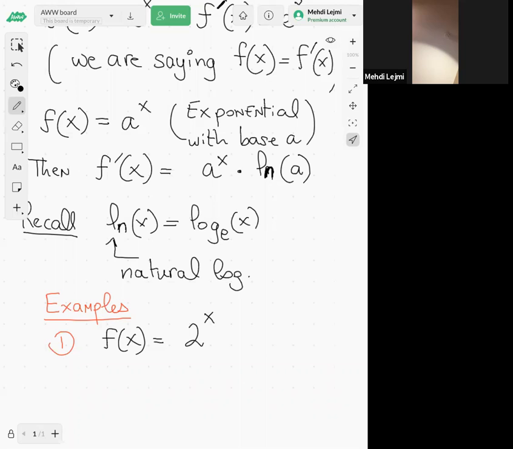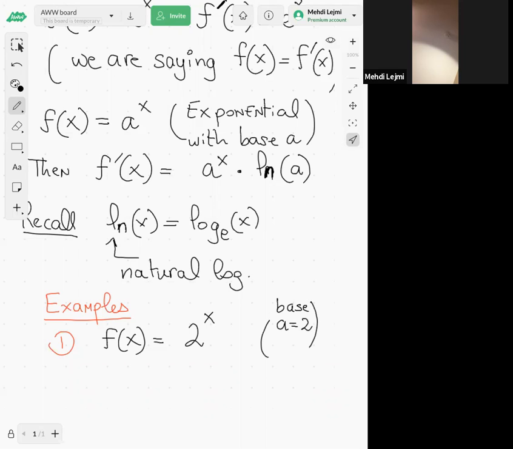That's an exponential function with base a equal to 2. So here our a is equal to 2, the base.